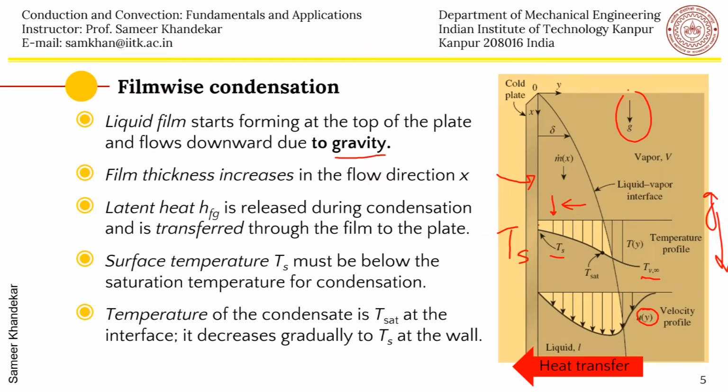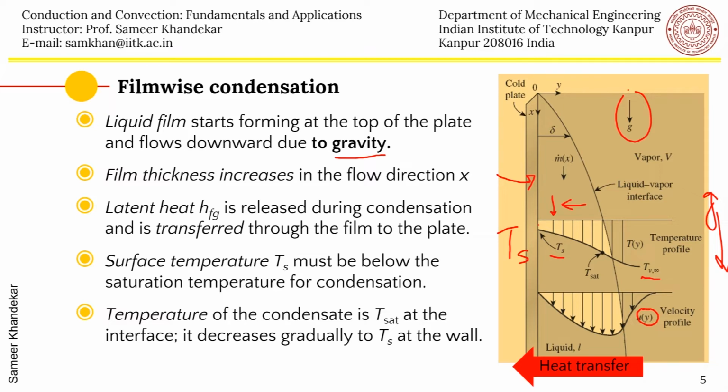Now the question is how to get this temperature profile and how to get this velocity profile. This is the most important part, because once you have these two temperature and velocity profiles, then one can actually analyze the entire heat transfer process in this film wise mode of condensation.